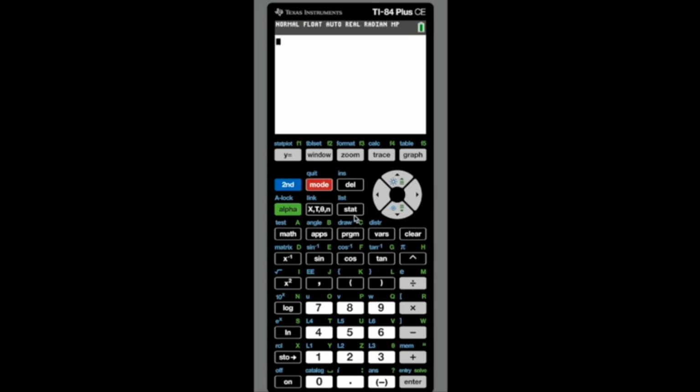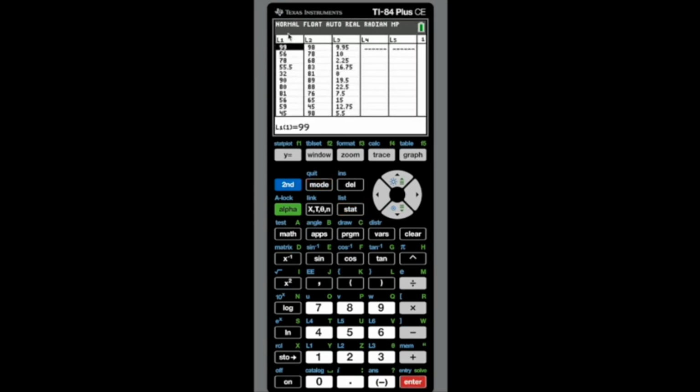If you forget how to do that, you hit the stat button here. You choose edit, and then you can put the first set of data, which is the test scores for the day statistics class. And then in L2, you enter your data values for your night statistics class. And I've already done that.